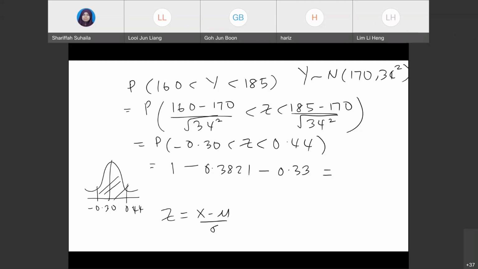Minus 0.29. Oh, okay, this one. So 0.29, you have 0.3859. So you get 0.2841.